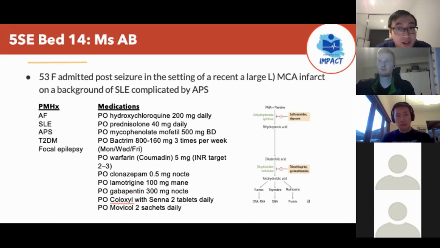There are two main side effects that I'm aware of. Hyperkalemia, I think trimethoprim can cause. Yeah, fantastic. Yeah, so at high doses, trimethoprim can cause hyperkalemia. There's one other.